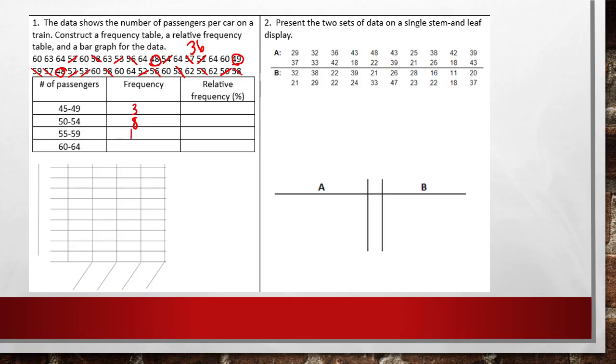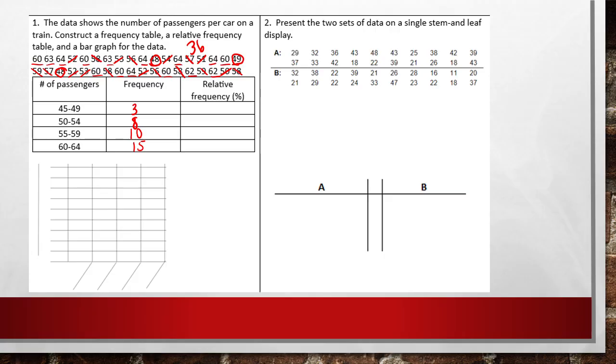So there's 10 from 55 to 59. And then 60 to 64 should be everything that's left over. So 1, 2, 3, 4, 5, 6, 7, 8, 9, 10, 11, 12, 13, 14, 15 of those.